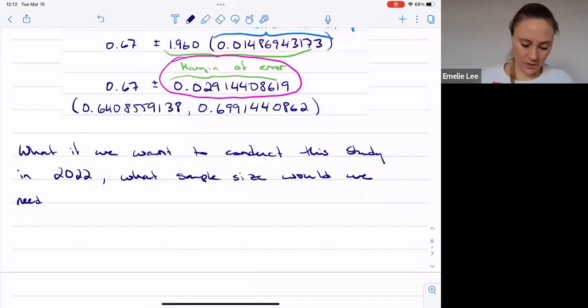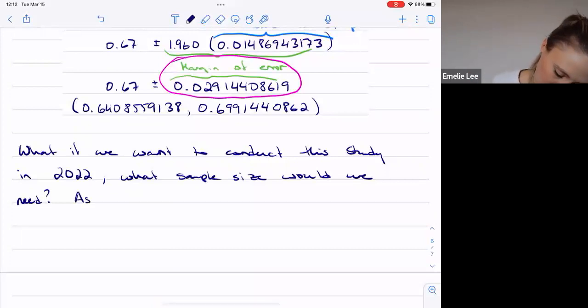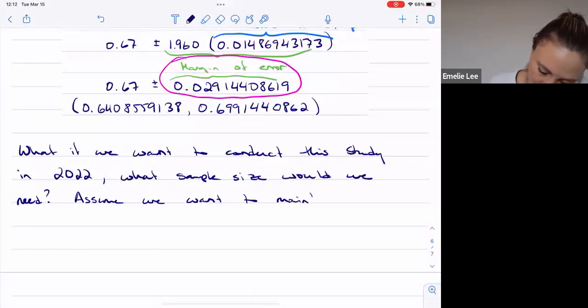Assume that we want to maintain the 95% confidence level.